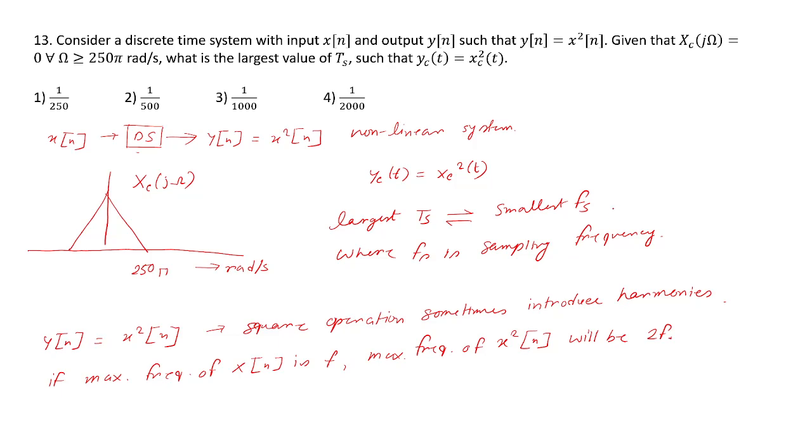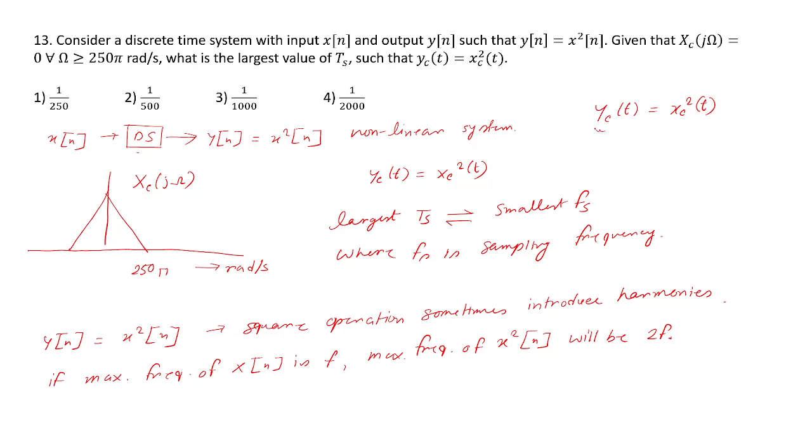So we have to ensure the sampling is done at such a rate that we can get yc(t) as xc square t. The reconstructed continuous signal yc(t), that is reconstructed from yn, is equal to the square of the underlying continuous time signal xc(t).